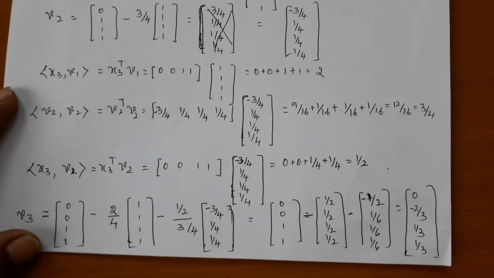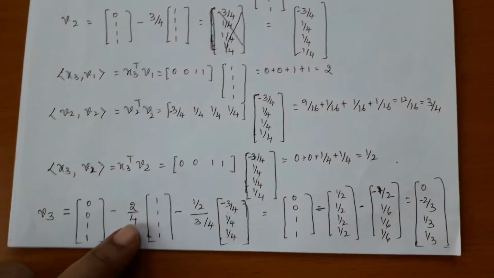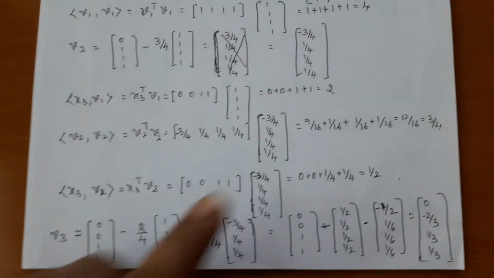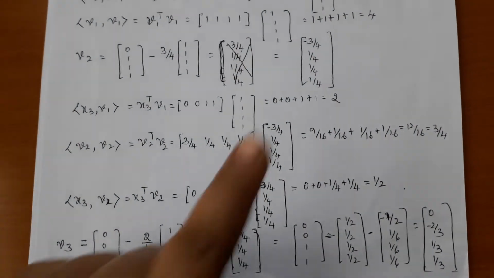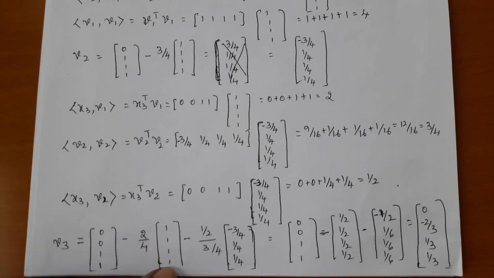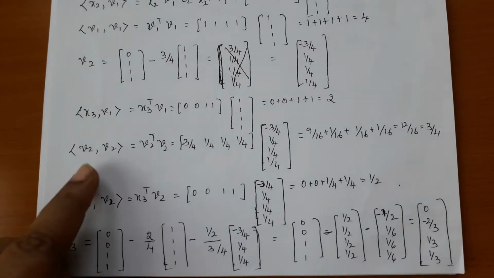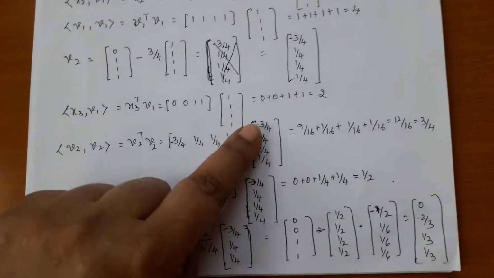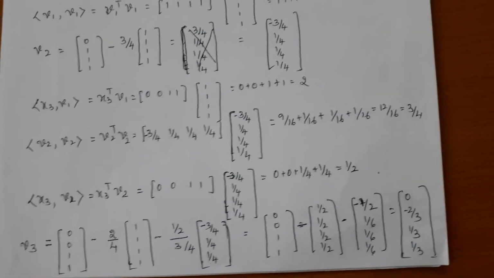V3 is X3 minus the inner product of X3 comma V1, which is 2, divided by the inner product of V1 comma V1, which is 4, so 2 by 4 into V1, minus the inner product of X3 comma V2, which is 1 by 2, divided by the inner product of V2 comma V2, which is 3 by 4, into V2. Then simplify that. Finally we get our vector.